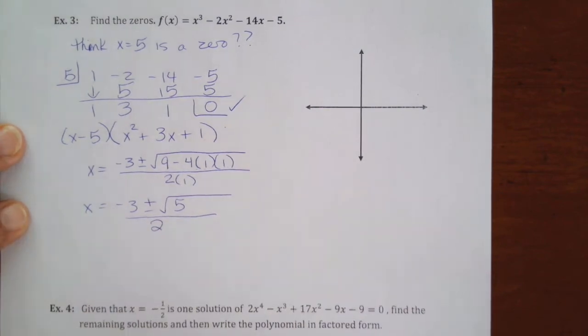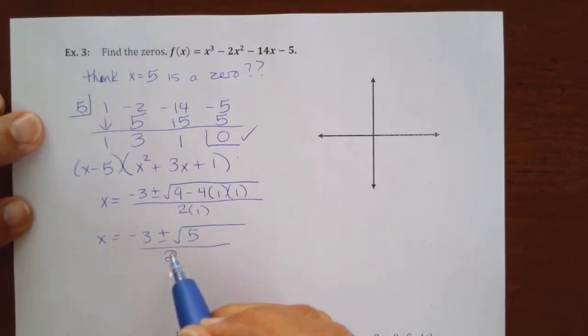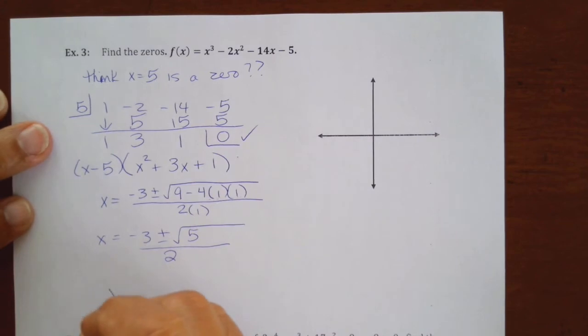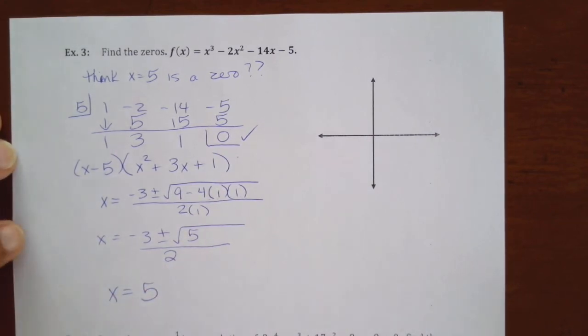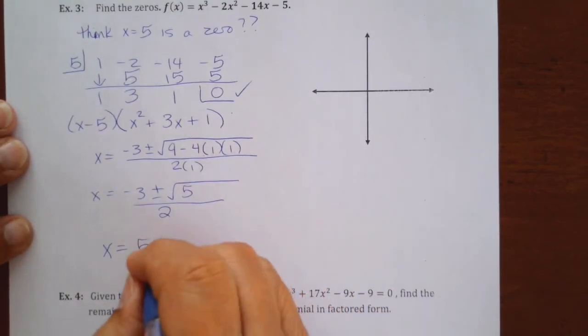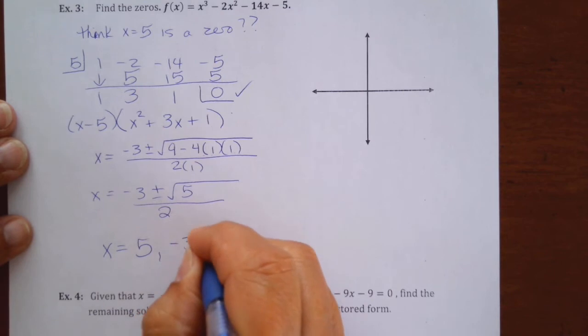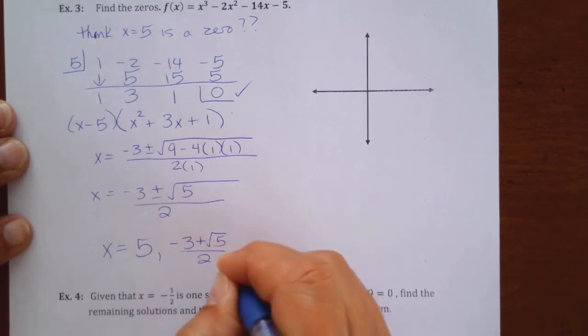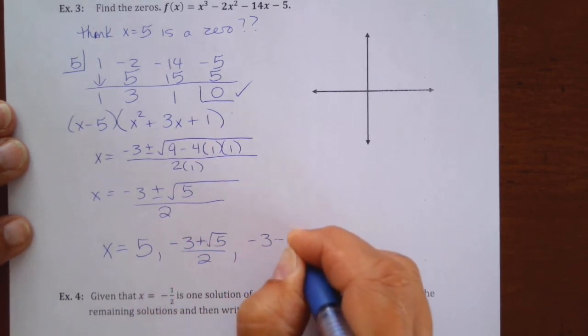Okay? So that means I have 2 zeros here. So I know that 5 is a zero. Sorry for the dog barking. Okay? And then I'm going to break this up into the 2 zeros that it is. So we have negative 3 plus the square root of 5 over 2, and negative 3 minus the square root of 5 over 2.